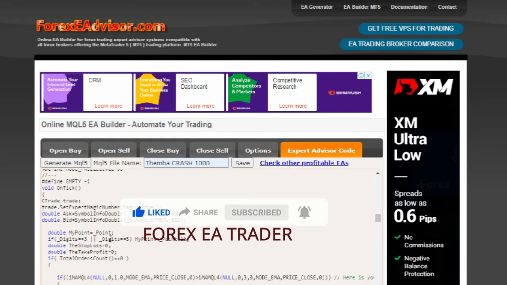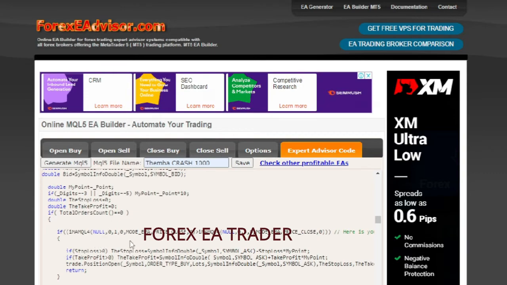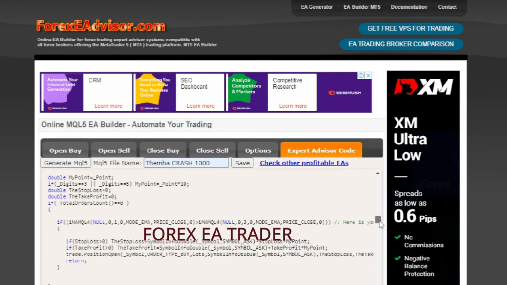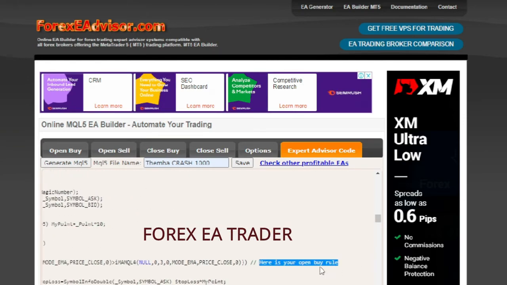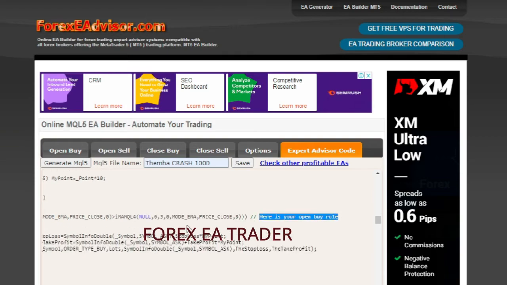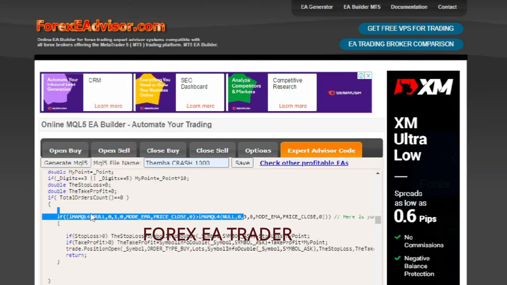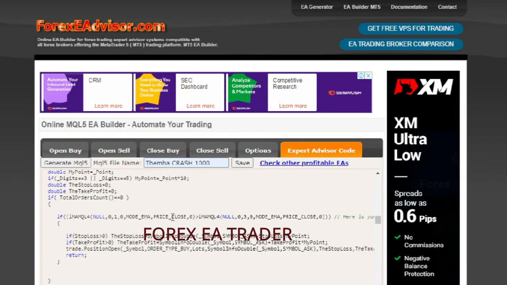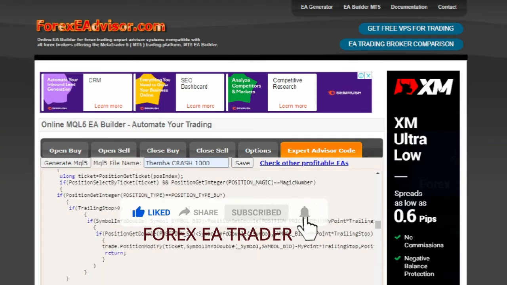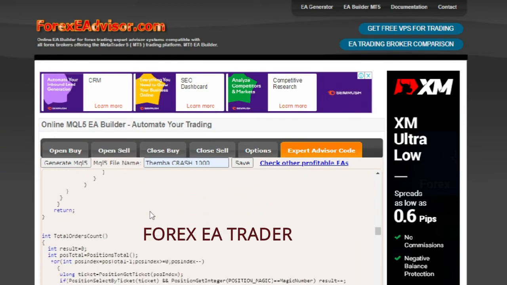Okay, so this is the part where we have the trade instructions, and you can see where it says here is your open buy rule. So you can actually go into the code and change some elements in the MetaEditor, and we only have a buy rule, and we only have conditions for closing that trade.